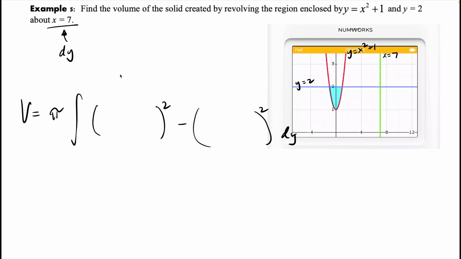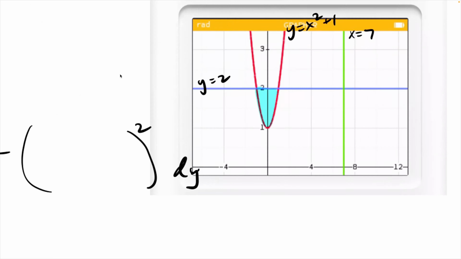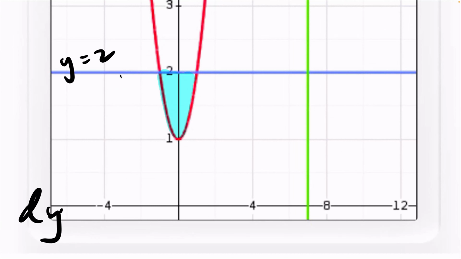Okay, so next thing we have to do is find out what our big R is, our big radius. Remember, we always start on the axis of revolution. So I'm going to start on the green. Usually I start below or above the shaded part, right? I can't do that right now because there is no above or below the shaded part. So I'm going to start on the right side of the shaded part.